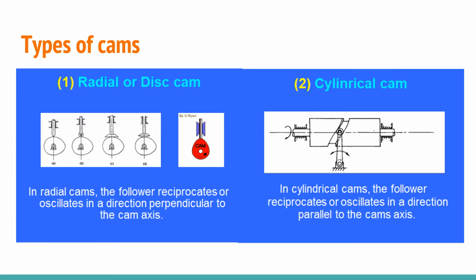Radial or disc cam. The pictorial representation will show you the working of these radial cams. The follower reciprocates in a direction perpendicular to the cam axis. That is what radial cams are meant to be. The next is the cylindrical cam. In the cylindrical cam, the follower reciprocates or oscillates in a direction which is parallel to the cam axis.